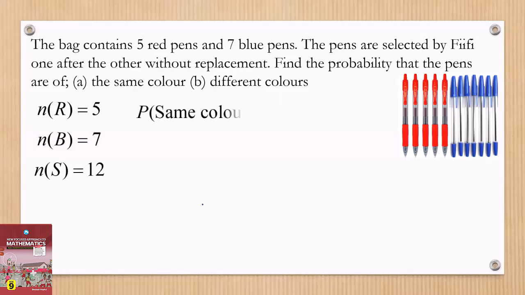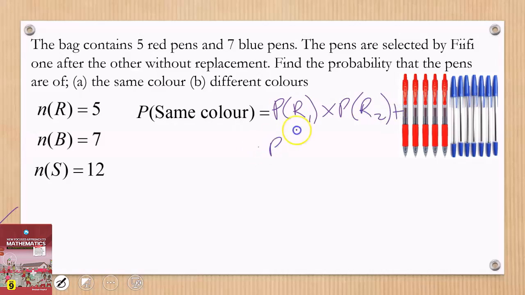Now the question wants us to find the probability that when we pick one after the other without replacement, both will have the same color. So if both are of the same color, it means that either the first one is red, and the second one also red. Or means plus again, the probability of the first one being blue and the second one also being blue.